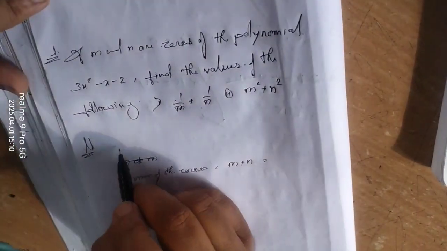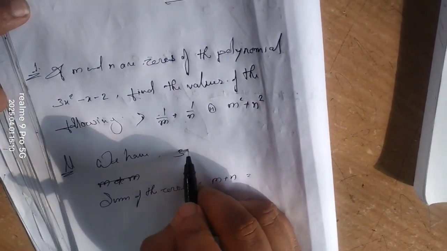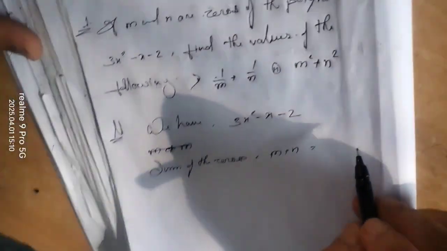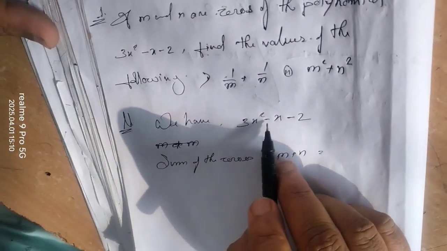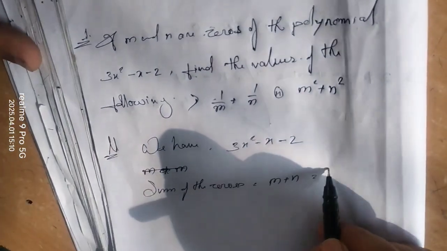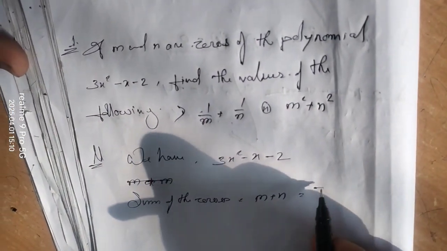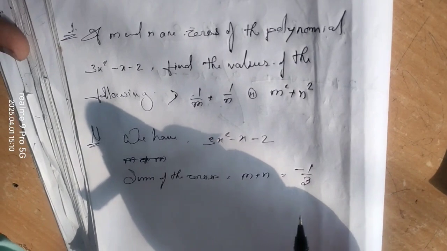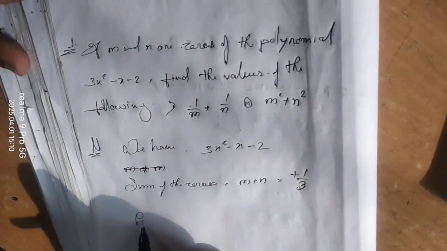We have the polynomial thrice x square minus x minus 2. The coefficient of x is negative, so the sum of the zeros will be positive: 1 by 3 is the sum of the zeros.